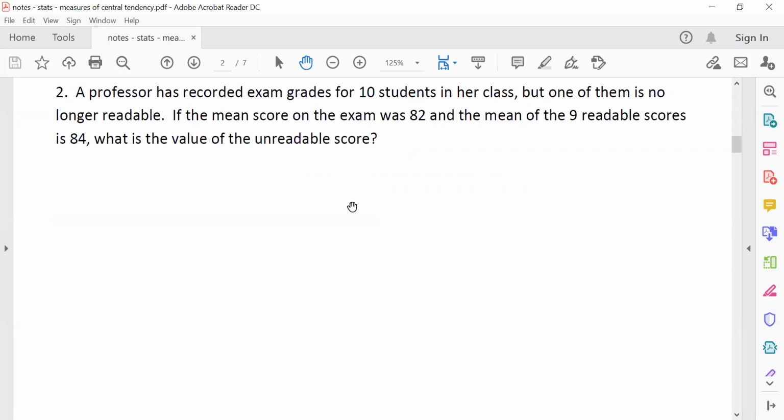She knows the mean score on the exam was 82, but the average of the 9 readable scores, excluding that 10th one, is 84. So the 82 was the mean of all 10 exam scores. The 84 is the mean just of the 9 exam scores we can see. What is the value of that single unreadable score?